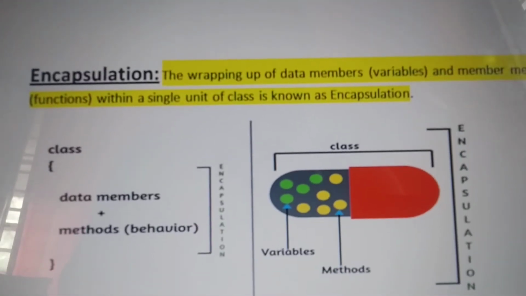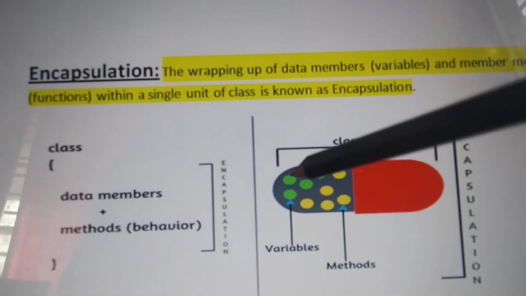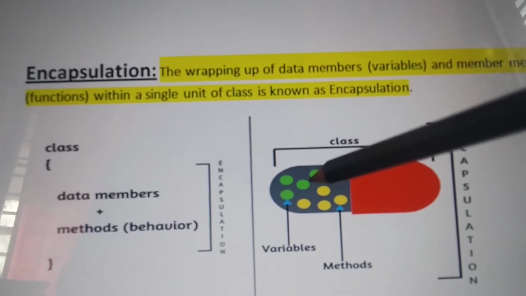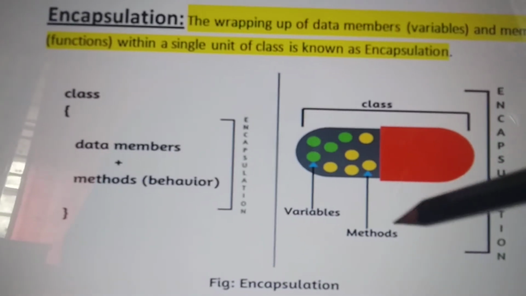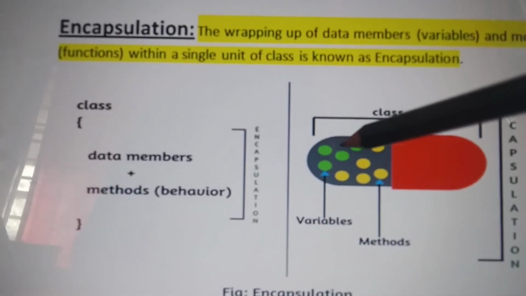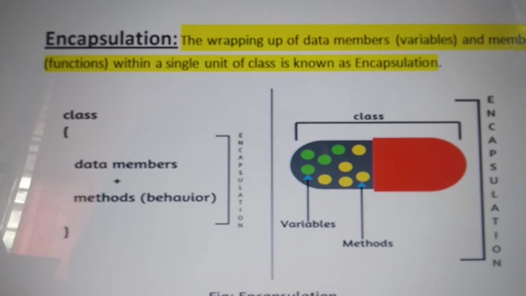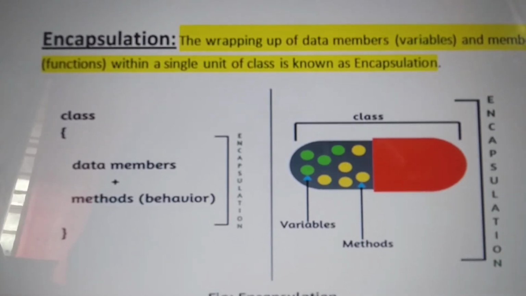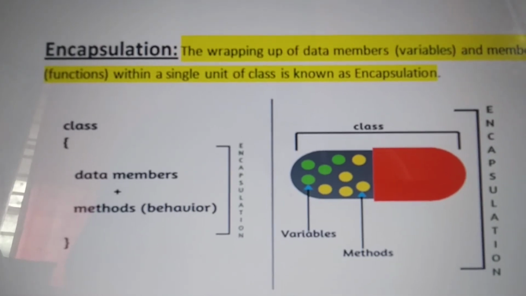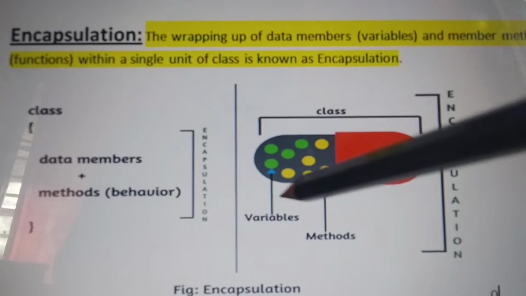So out here, think this powder is green and yellow in color, and this yellow denotes the method, means the function, and these green dots or circles denote the variables. That means, what does this encapsulation say? That it's just a wrapping up of data, means the variables.